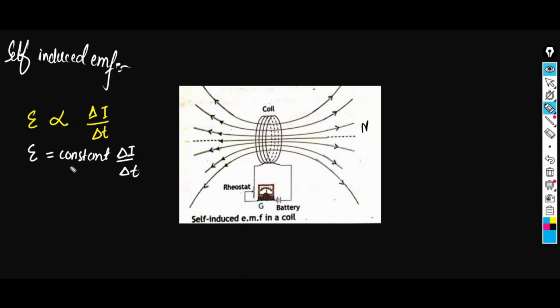So here, instead of this constant, we will put L, and so in this constant we put this L, del I by del t. Here this L is called the self-inductance, or the inductance of the coil.